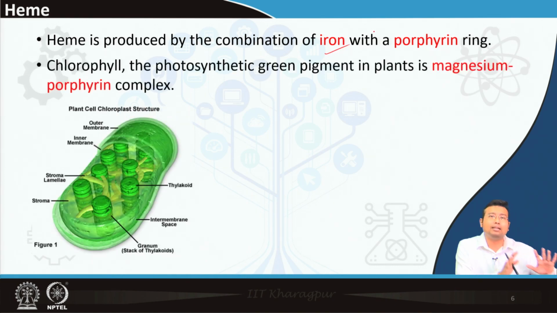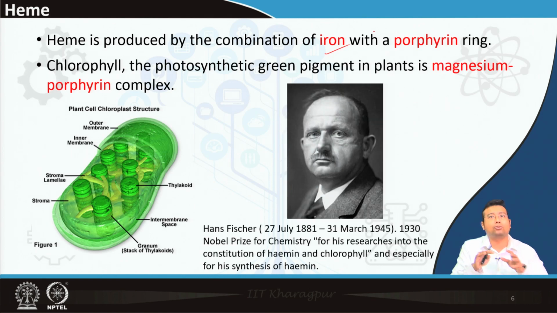Its counterpart, chlorophyll in plants, is also a combination of a magnesium ion and a porphyrin complex. The scientist who received the Nobel Prize for his work on hemin and chlorophyll is Hans Fischer. He was a German scientist who discovered the role of both chlorophyll and hemin.